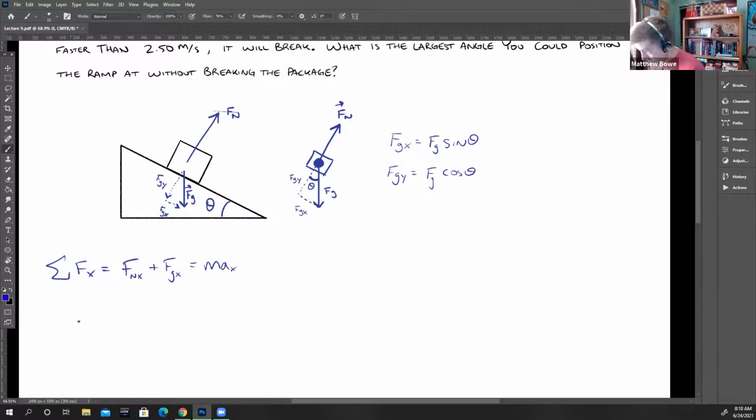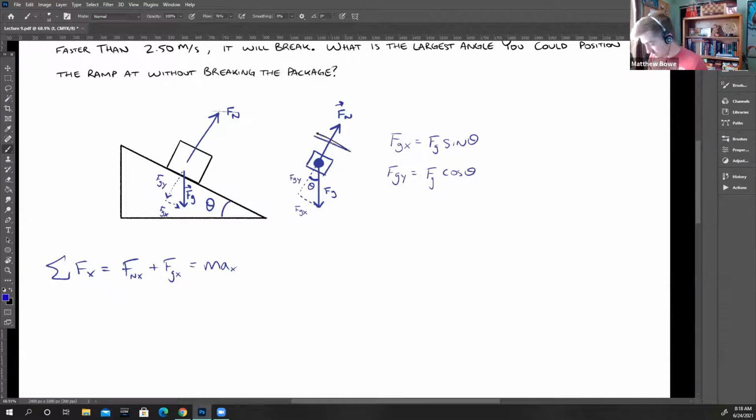This becomes just, since we've tilted the whole picture sideways just a little bit, looking up here at this normal force, there is no parallel to the sliding component.